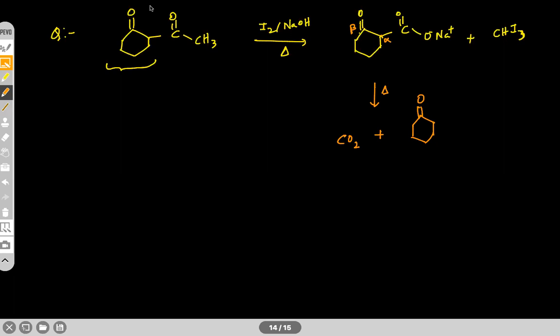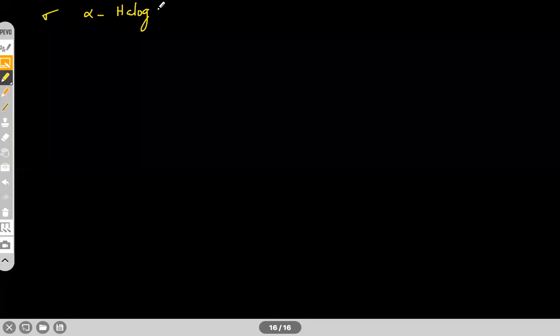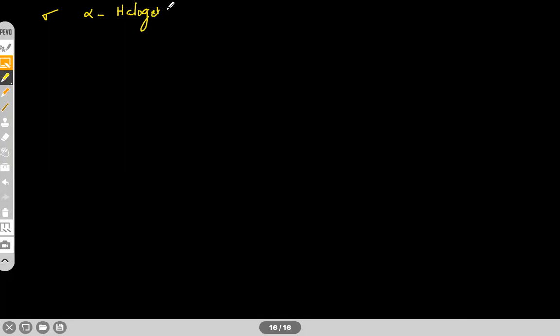Correct. Now, the next reaction is, this is the iodoform reaction we have done. So must remember all what kind of compounds give the iodoform test and these products that we get here. Next one, write down alpha halogenation reaction. Means halogenation at the alpha position.